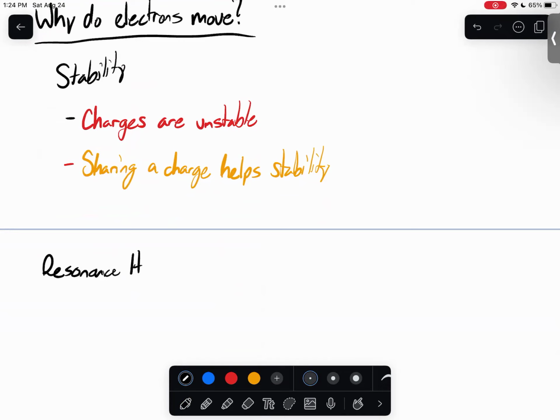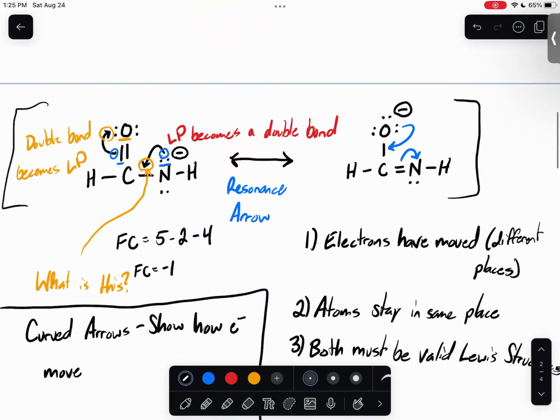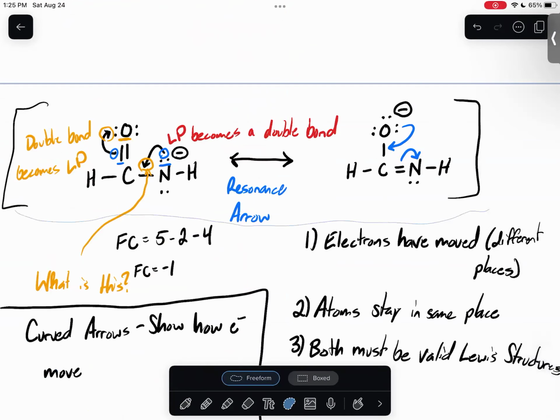Hybrids show essentially what the actual structure looks like. Because in reality, although we show these structures having these specific charges there, that is not necessarily true. So if we're thinking about that structure that we just had drawn, right, I'm actually going to quickly copy this whole thing down here.